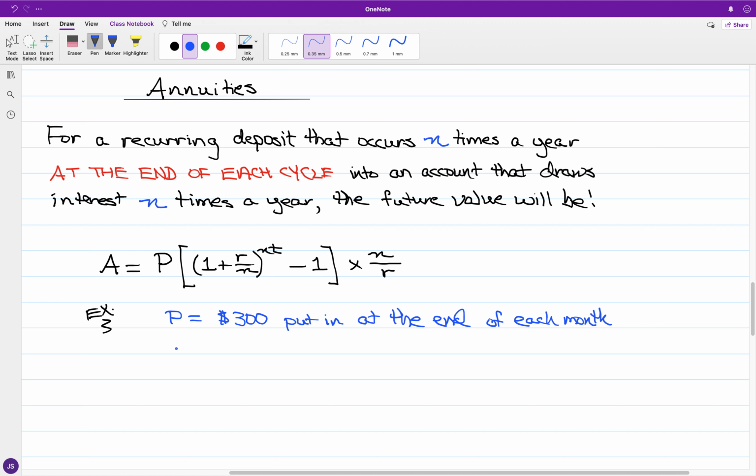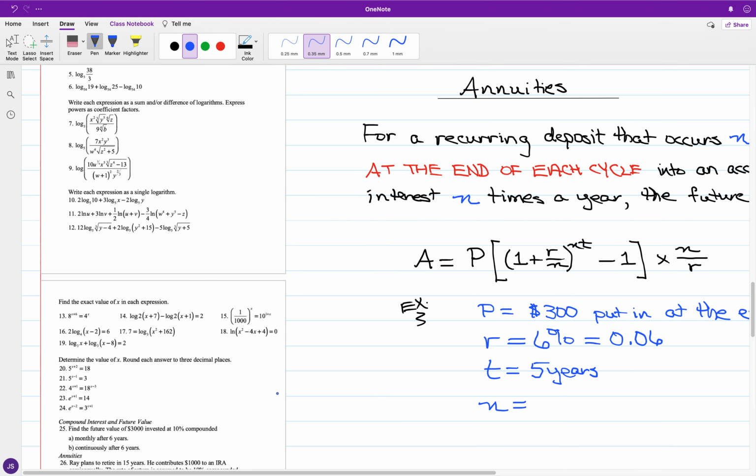For the rate of interest, R is equal to 6% as a decimal, so we have 0.06, and the time span is 5 years. Since we're putting in $300 at the end of each month, we have a monthly cycle, and the compounding of interest is done on a monthly basis.